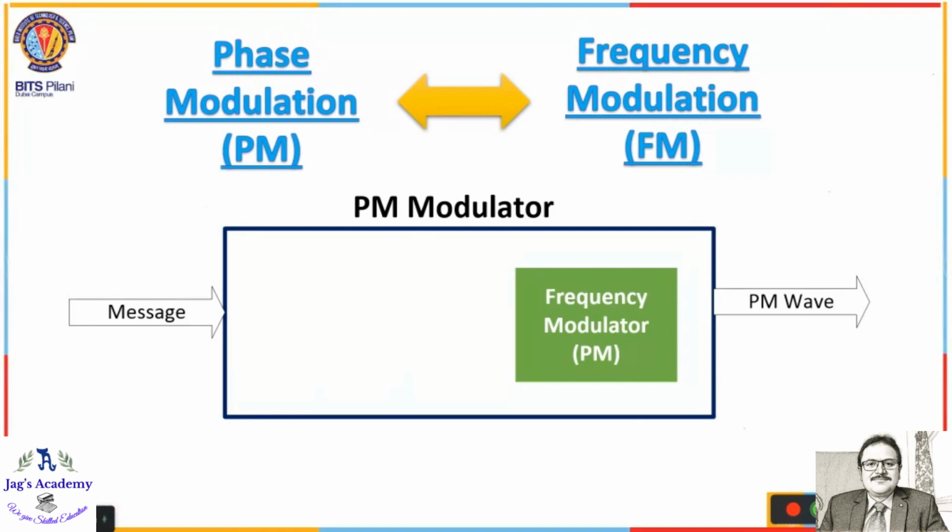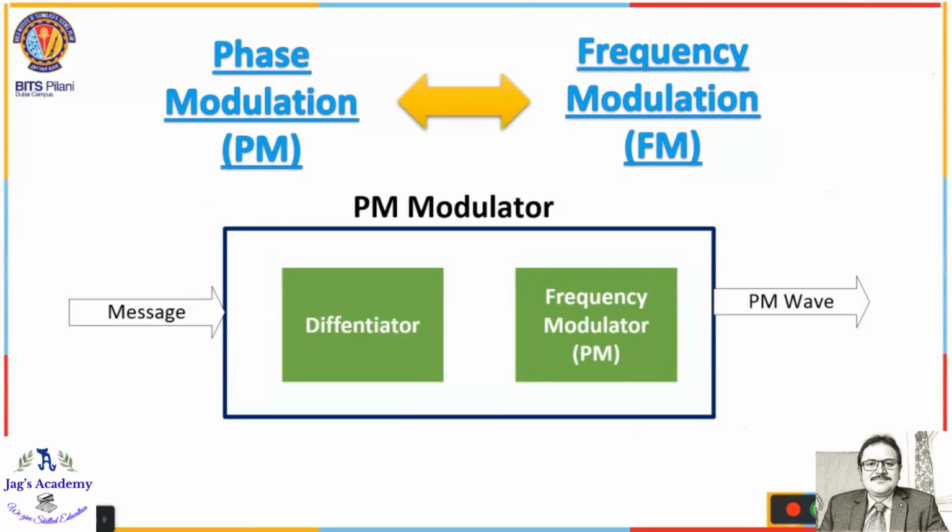So what do you do with the signal? First you differentiate it and then you give it to the frequency modulator. Have you understood this? Because integration of differentiation, what will you get? m of t only, right? Yes or no?